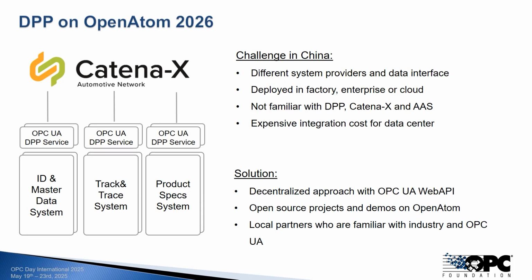So, an open source project on OpenAtom will be very helpful to show the technical roadmap of DPP over OPC UA. And by those showcases, teams will be attracted by the new business opportunity and become technical providers on DPP data service.